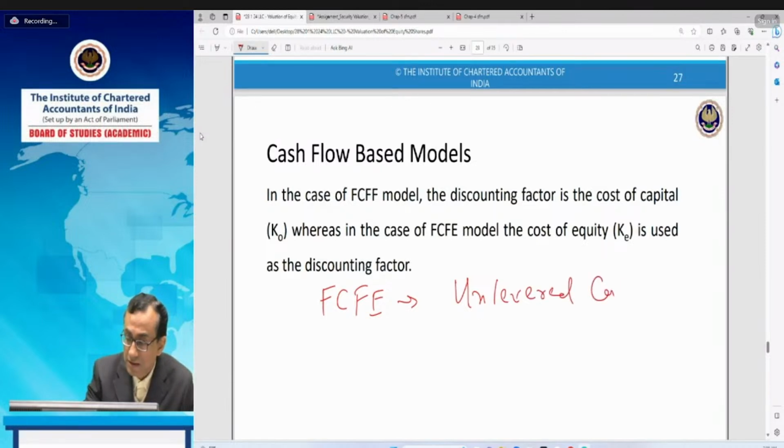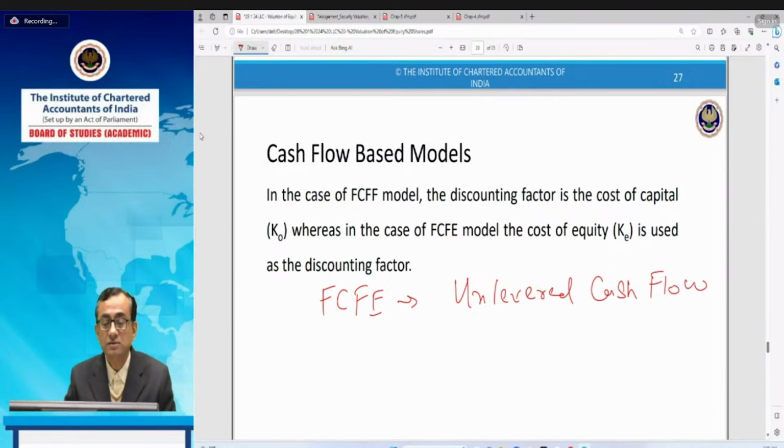It is an unlevered cash flow. So what is an unlevered cash flow? Unlevered cash flow means in this cash flow, equity and debt holders both are considered. The obligations of all the stakeholders are considered.